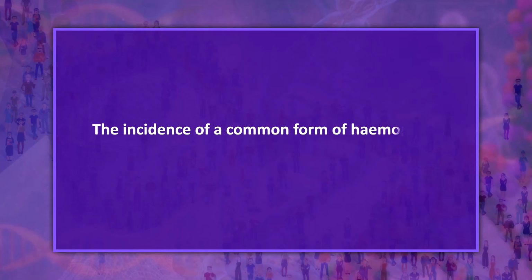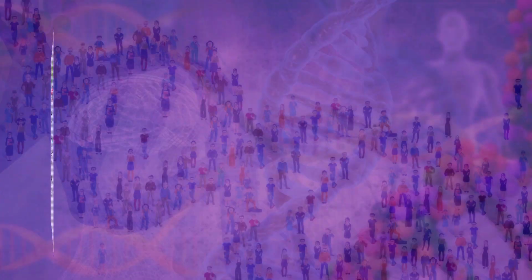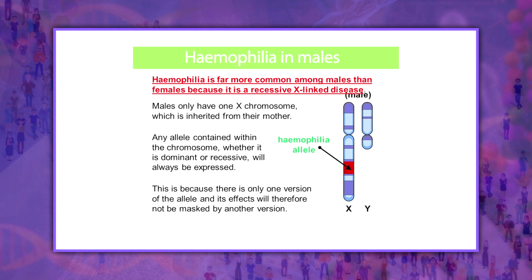The incidence of a common form of hemophilia is 1 in 1,000 males, thus q is equal to 0.001. However, only 1 in 100,000 females will be affected. Thus, males could have hemophilia 1,000 times more often than females.